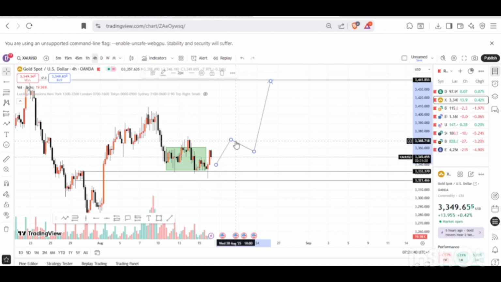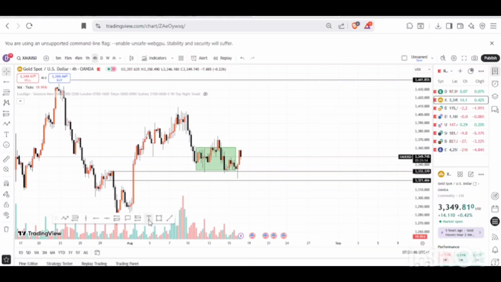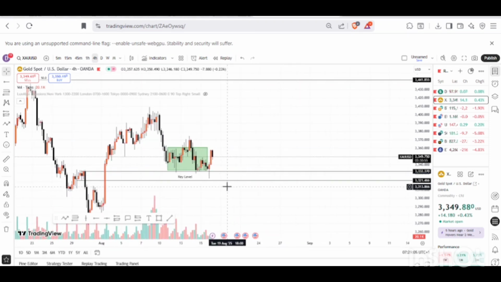So what am I going to look out for next? Gold has already tapped into a key level, which is amazing, and that happened some hours ago. There's a key level on the 4 hours time frame, and we notice what happened.